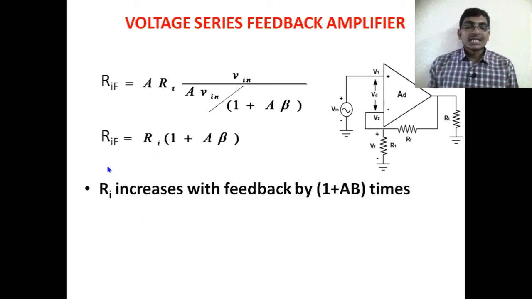So we can say from the above equation that the input resistance Ri was increased by a factor of 1 plus A beta by using the feedback. Therefore RIF is equal to Ri into 1 plus A beta.